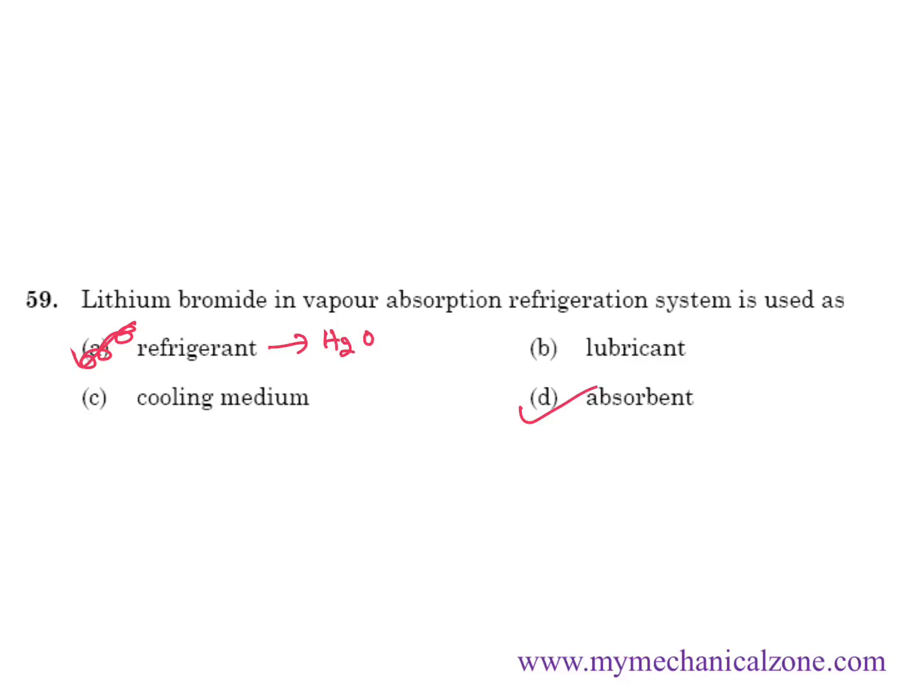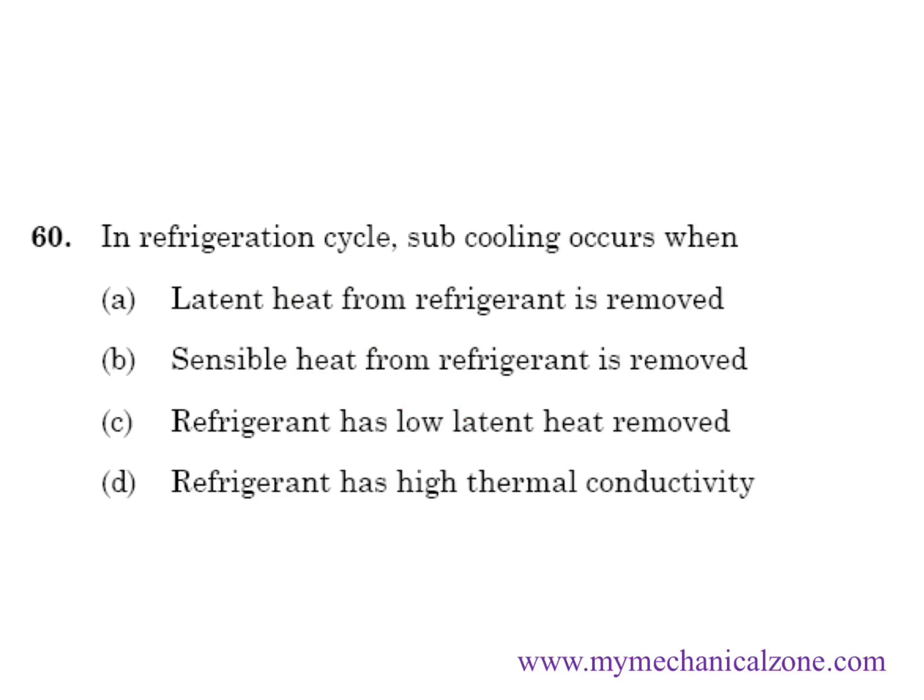In refrigeration cycle, subcooling occurs when latent heat from refrigerant is removed. Latent heat, subcooling. After condensation only we are doing subcooling. If you draw the pH chart, pressure versus enthalpy chart, subcooling will be done here.